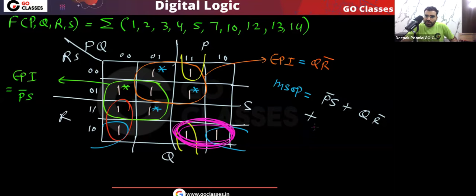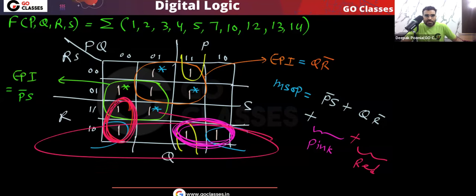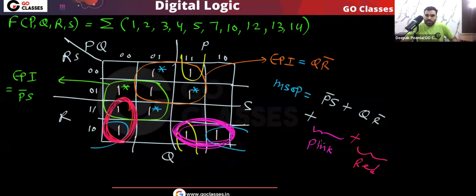So let me take pink and red. Very simple. With pink and red, these three one cells I can cover with the help of two PIs.